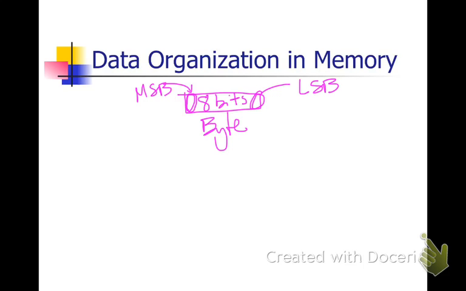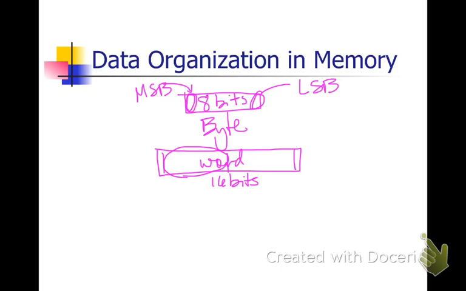I can do the same thing with a word, which is twice the size of a byte, or 2 bytes, so it's 16 bits. And here I can still say, okay, I want the most significant bit or most significant byte, least significant bit or least significant byte.